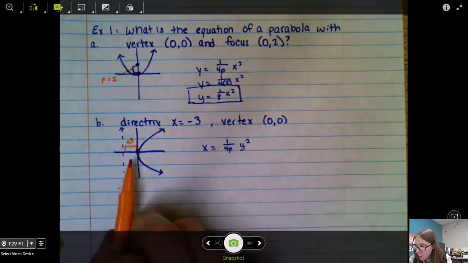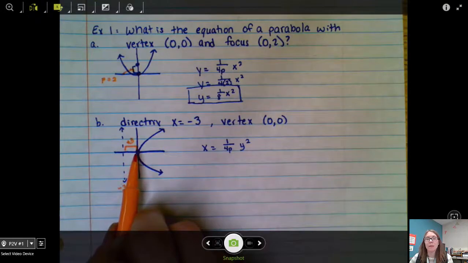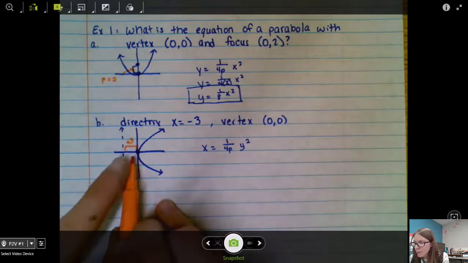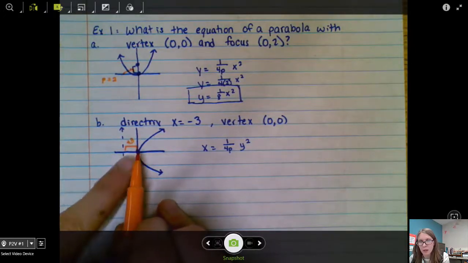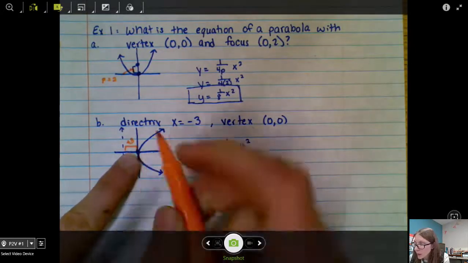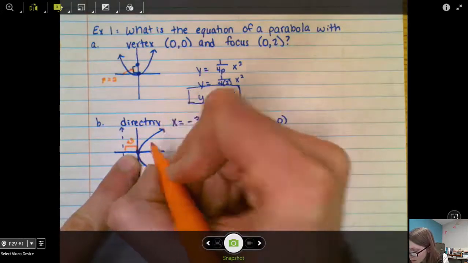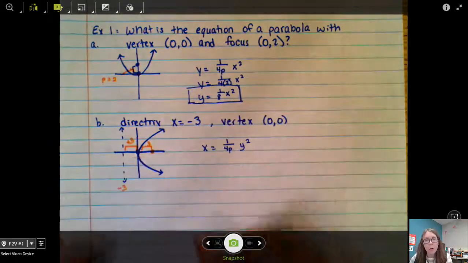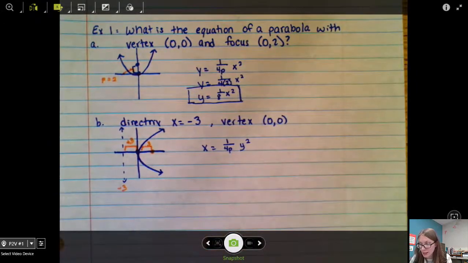Well, this point on our parabola, keep in mind our definition of our parabola is every point that's the same distance to our directrix as it is to the focus. If I look at the vertex here, I'm 3 away to the directrix, which means I also have to be 3 away from the focus. So that focal length is 3 in this case as well.